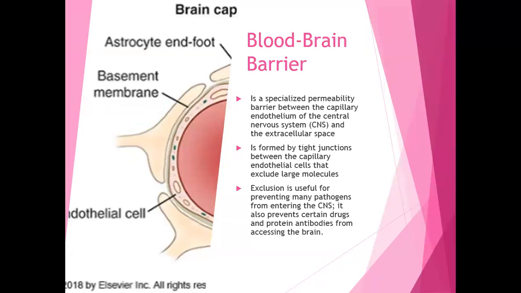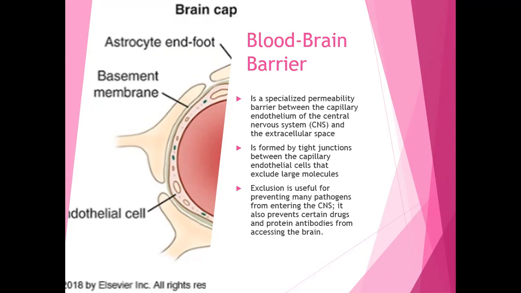So we have this cool system called the blood-brain barrier, which is a specialized permeability barrier between the capillary endothelium of the central nervous system and the extracellular space in the central nervous system. There's a lot of stuff involved. There are a lot of cells besides just the neurons.